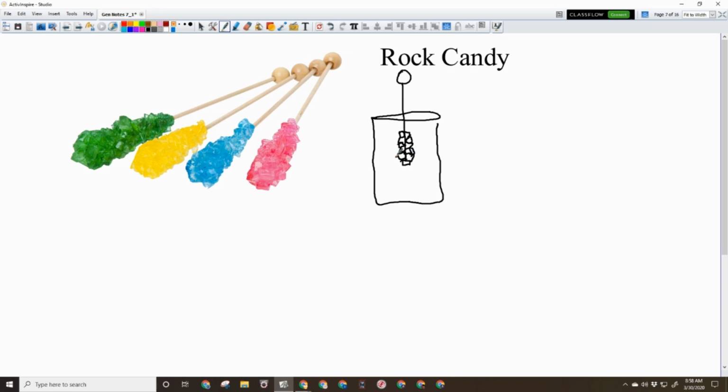And they'll keep growing on the outside of this until you get this. Now, the way they get the different colors is by using food coloring in the liquid, probably a powder coloring. And so that coloring gets trapped between the crystals, and then you can see it. And they'll also put different flavors in there.